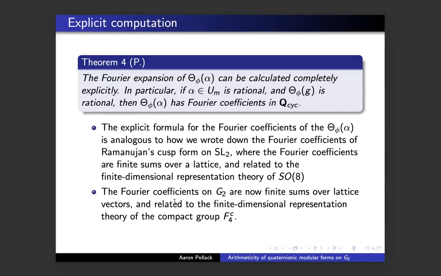So the Fourier coefficients are finite sums over some lattice, and they're related to the finite dimensional representation theory of the compact group F4. So just like when we saw in SO2, the Fourier coefficients of harmonic theta functions are finite sums over a lattice and related to the finite dimensional representation of the compact group SO8. Here we have a different lattice and we replace SO8 by F4, a compact group of type F4, but it turns out that the formulas are completely analogous.